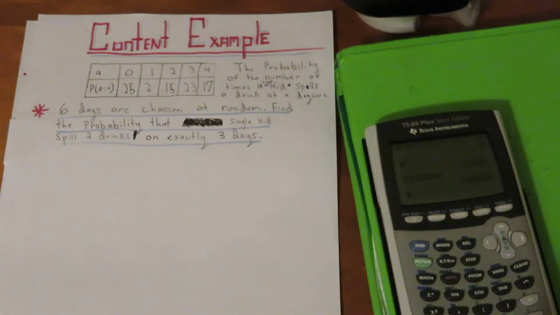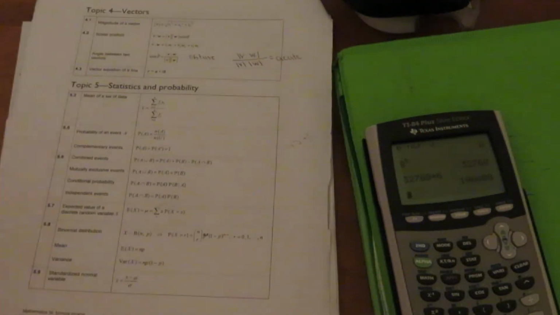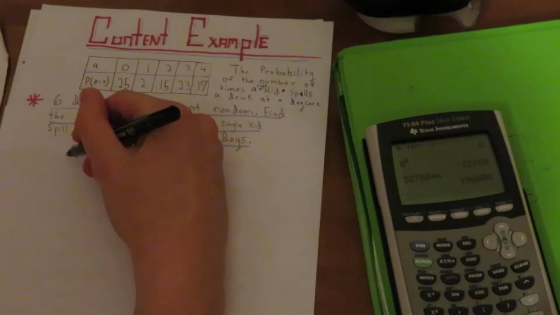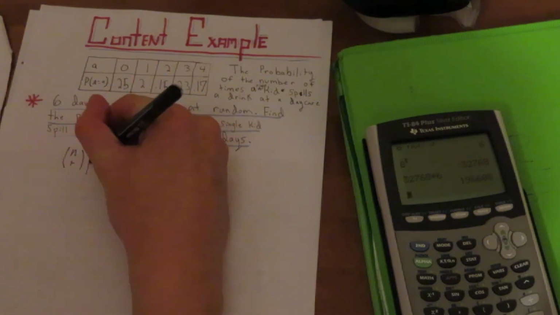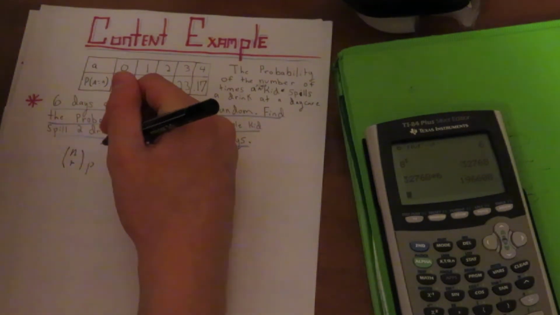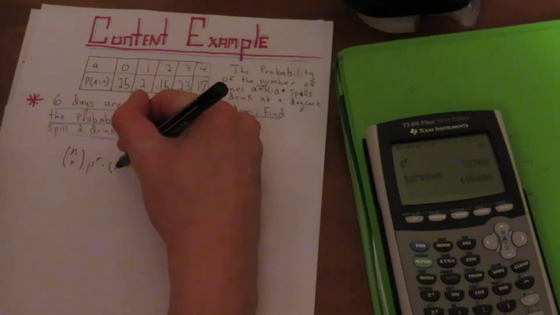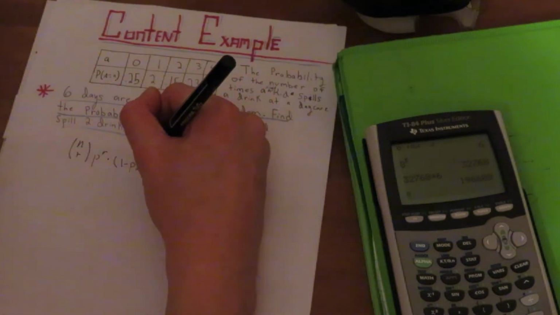And so for this one, let me grab my formula booklet. We're going to use the binomial distribution formula, which looks like this. n choose r times p to the power of r times 1 minus p to the power of n minus r.